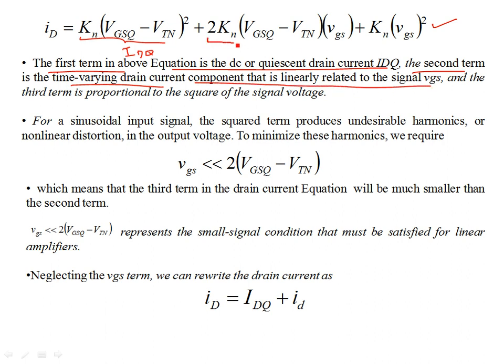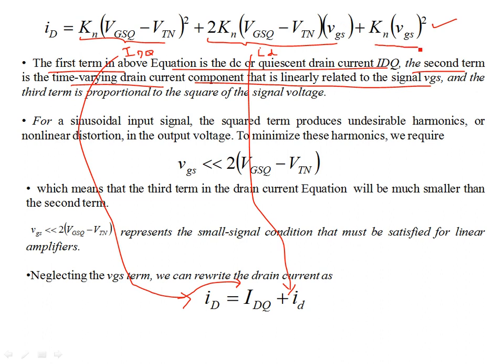So this is a time varying current, and I can write it as id. You can see that these terms exist over here, and this term is over here. What about the third term?